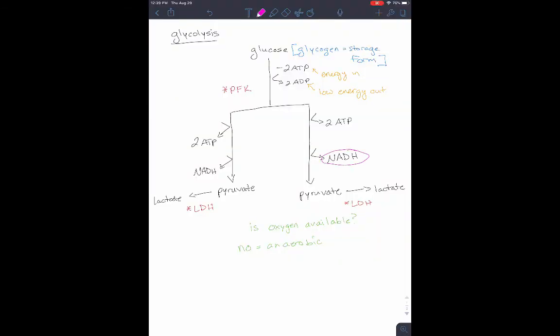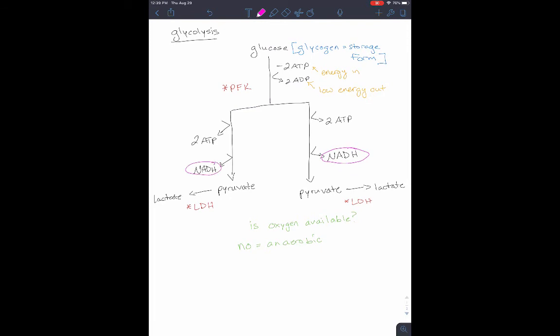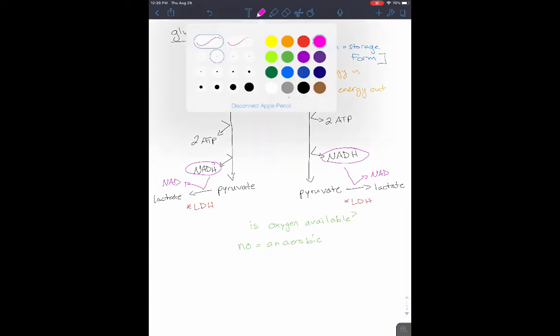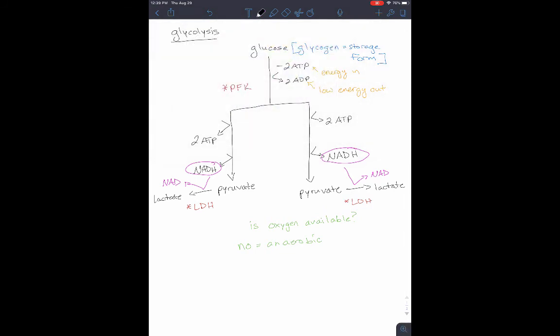And that can allow pyruvate to go to lactate or lactate to go to pyruvate. Now, importantly, this requires energy. So we're going to use these NADH molecules produced earlier, and we're going to put them into that reaction, and we're going to get the low energy NAD as a product of that reaction. So we no longer have these stored NADHs to be used for later. They've been used up in that reaction.